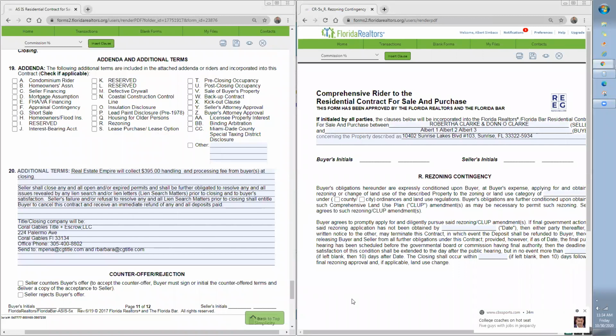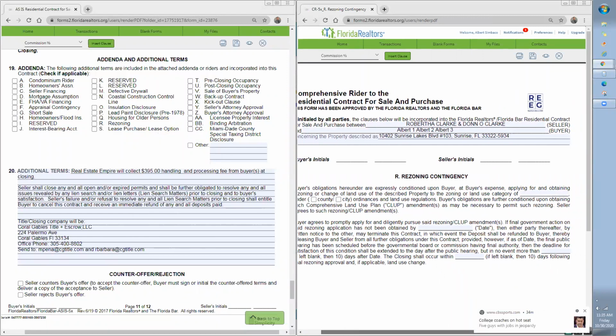based on city and county ordinances. One of the places that I can most commonly attribute this to is in the area of 157th Avenue and Bird Road. There is a piece of land that is huge, and there are people selling lots there.